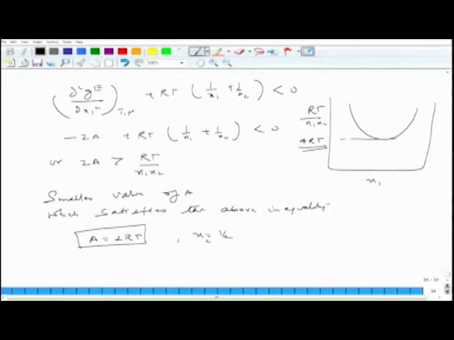So you are saying that A should satisfy the inequality, that is, it should be greater than 2RT.